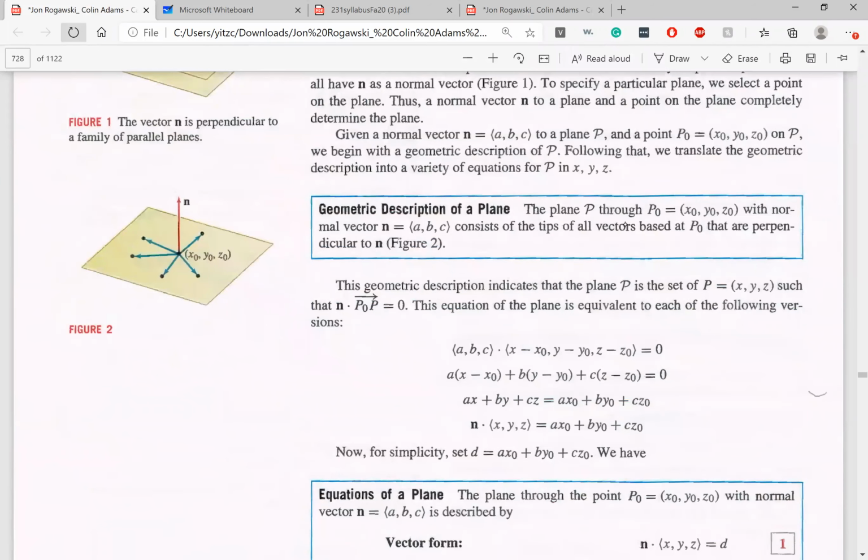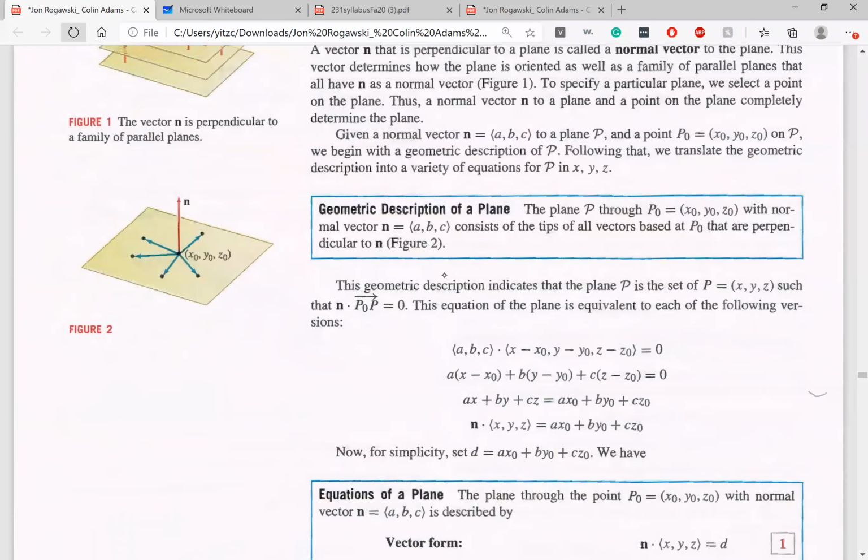Okay, so again, if you want to describe a plane through a point x0, y0, z0 with a normal vector a, b, and c, here's your normal vector, here's your point x0, y0, z0, and you want to describe a plane at this point.